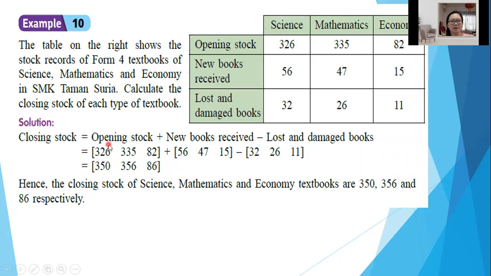Okay, example 10. Calculate the closing stock of each type of textbook. So how to calculate our closing stock? Opening stock plus new books received minus lost and damaged books.